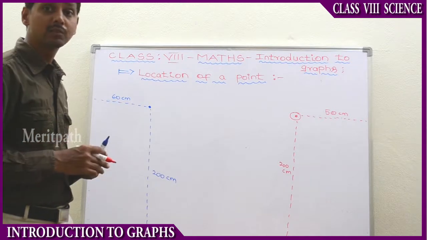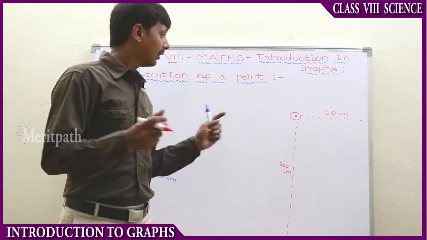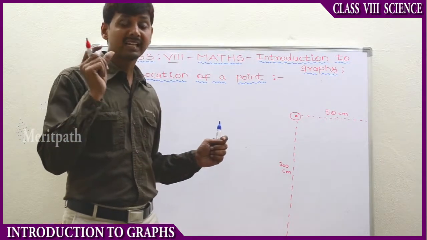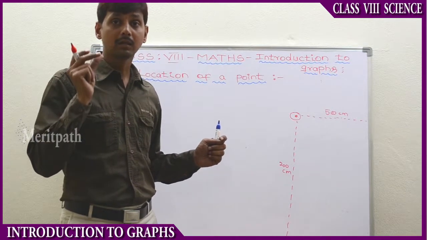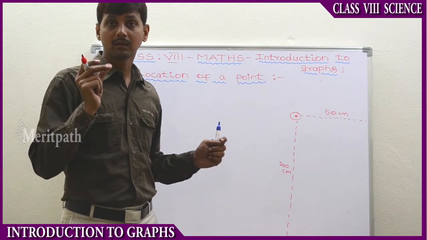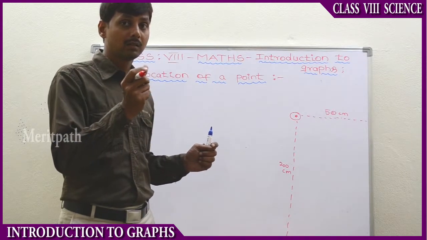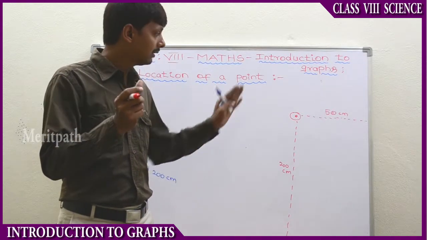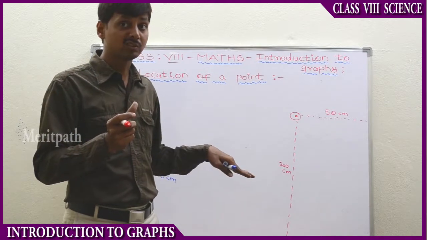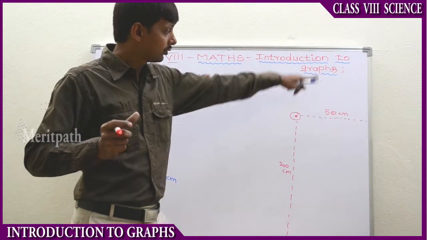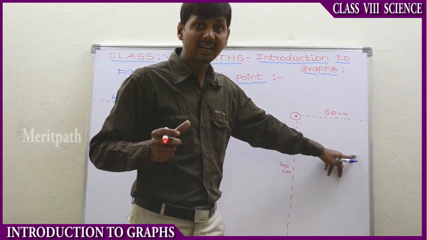So what we understood here is, if you take any point and find its location, we find it between a vertical line and a horizontal line. From the vertical line, what is the distance?